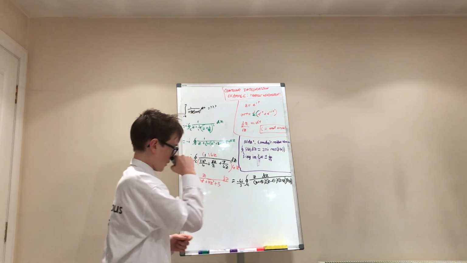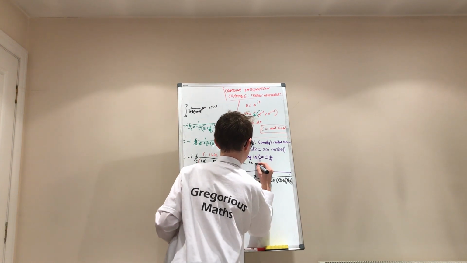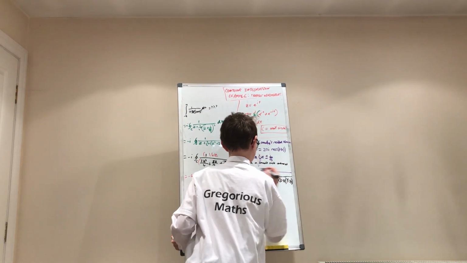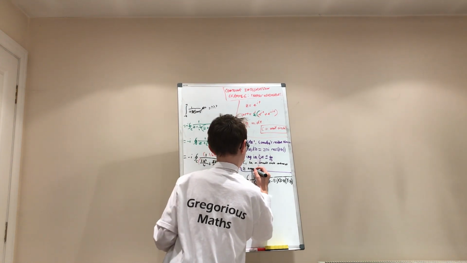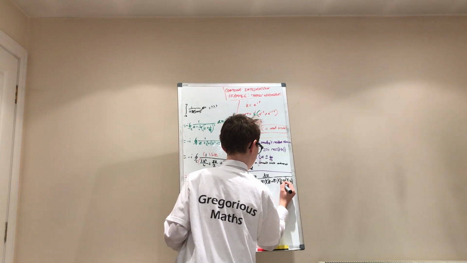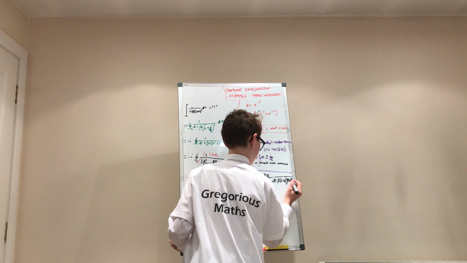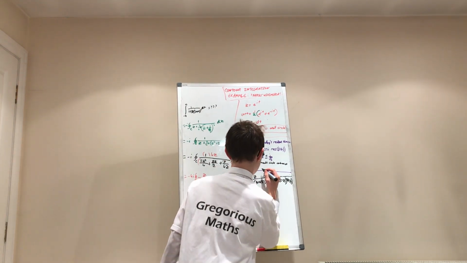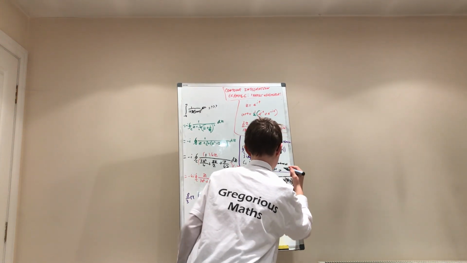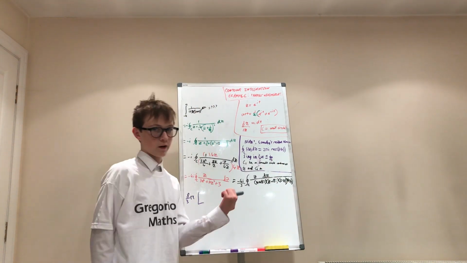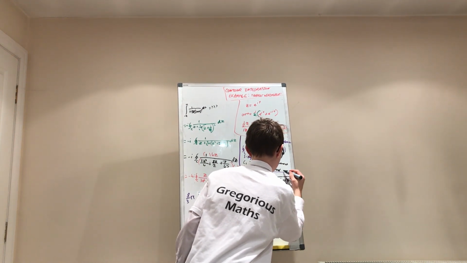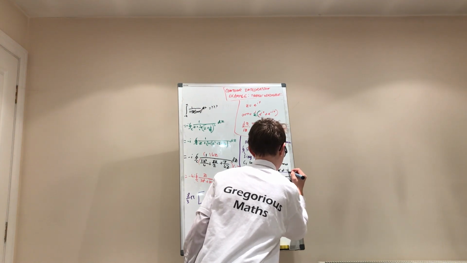Let C1 be a small circle centered at i over square root of 3, and let B1 be a small circle centered at negative i over square root of 3. Actually, just to save space, I'll say B1 for the second one.